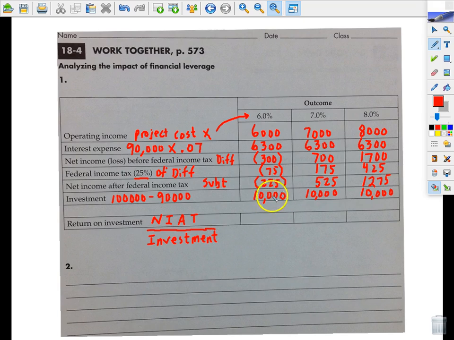So somebody tell me, of course that's negative. This is going to be a negative result, and we'll round it to the nearest tenth of a percent, 1 decimal place. So 225 divided by 10,000. Anybody got that?